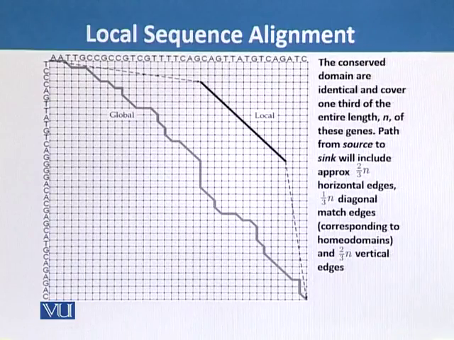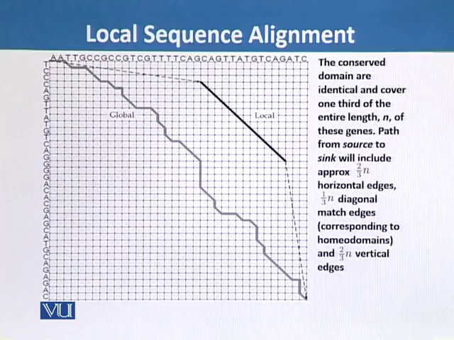This is the graphical representation of local sequence alignment, and we can see that the conserved domains are identical and cover only 1/3 of the entire length of the n-length gene.